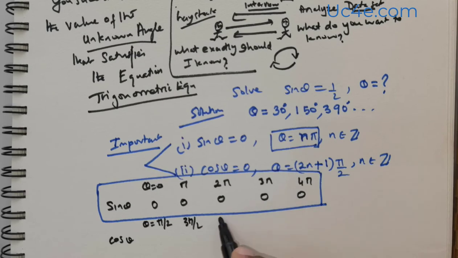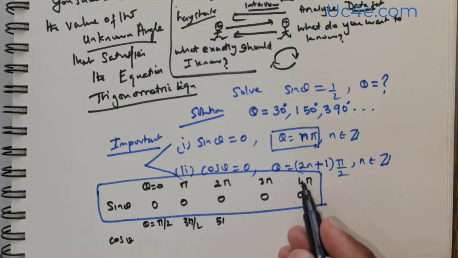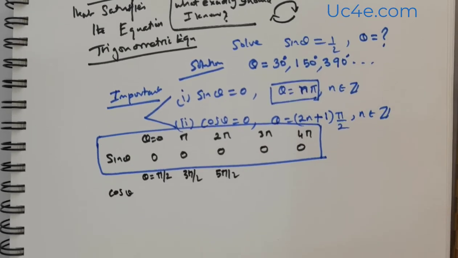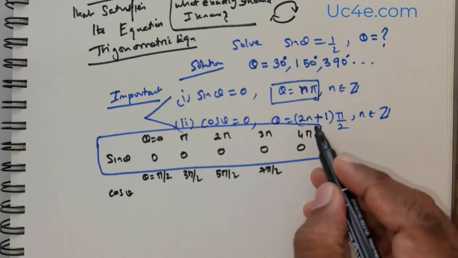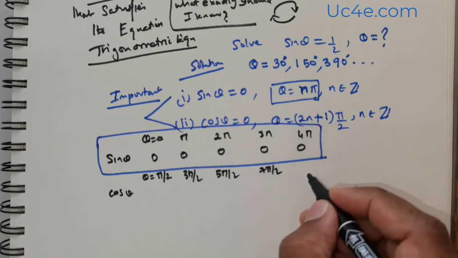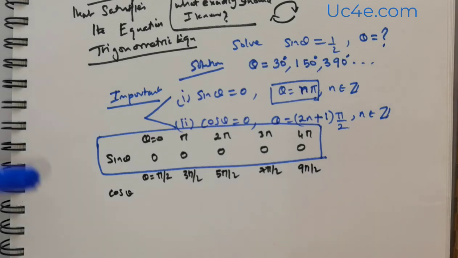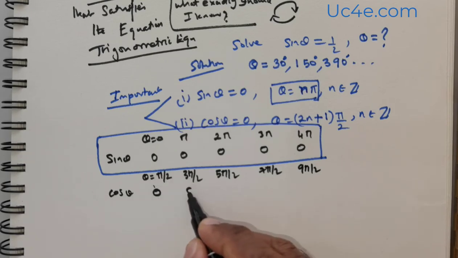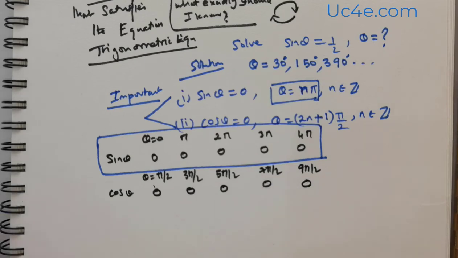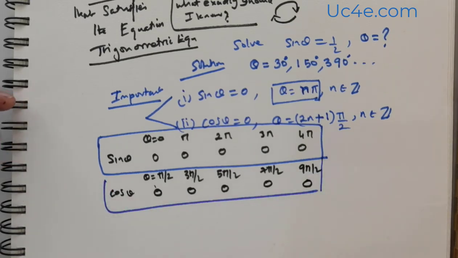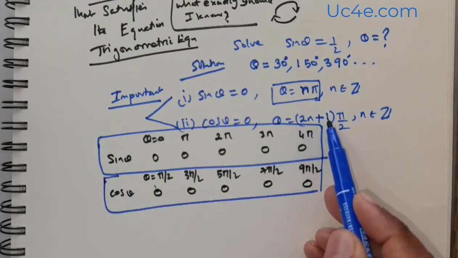For n equal to 2, 5 pi over 2, n equal to 3, 7 pi over 2, n equal to 4, 9 pi over 2, right? For all of these values, cos pi over 2 is 0, cos 3 pi over 2 is 0, cos 5 pi over 2 is 0, cos 7 pi over 2 is 0, cos 9 pi over 2 is 0, and so on and so forth. So this is the outcome when theta takes the value (2n + 1) times pi over 2.